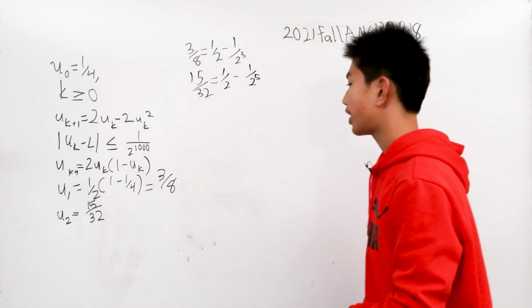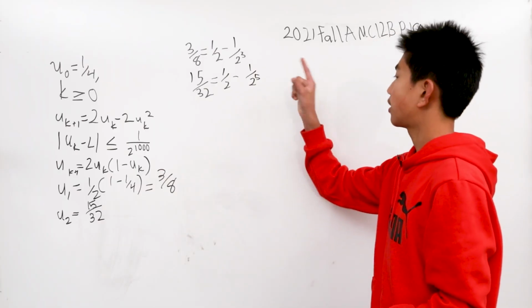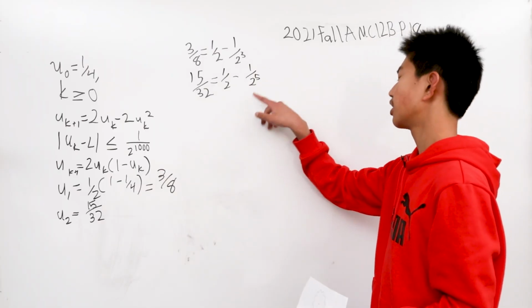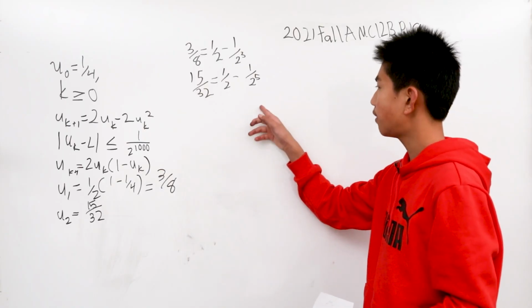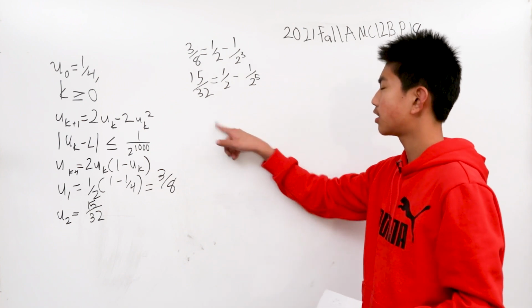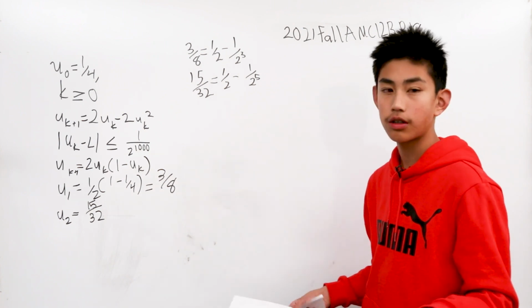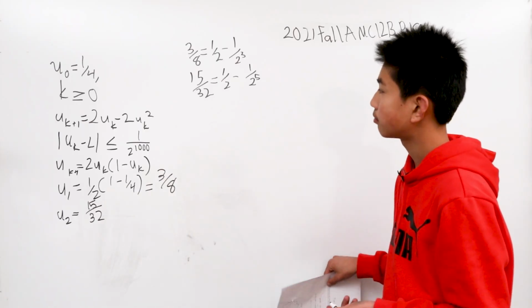So it seems that every recurring term is subtracting an increasing power of 1/2, and so this gets closer and closer to a desirable value.